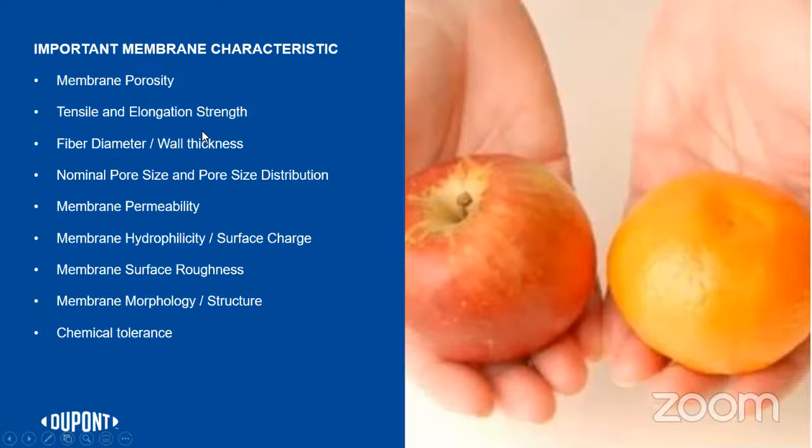The fiber's diameter, the wall thickness, the pore diameter, membrane permeability. Permeability means how much energy I put in to filter a unit volume through a unit area of the membrane. So it boils down to how much energy I spend in getting a unit of filtrate from the membrane. Because if I have a very high membrane resistance, then I will not be spending less energy.